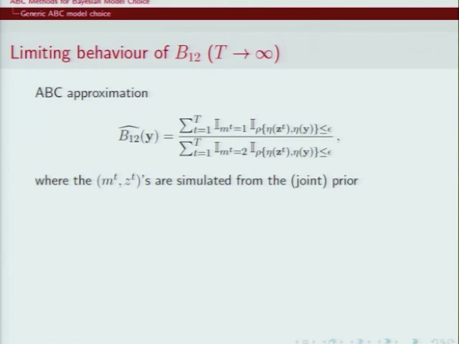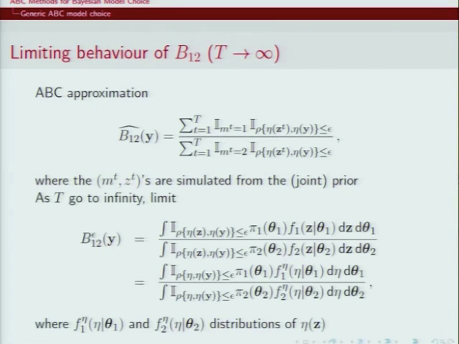Now, if we let t go to infinity, the Monte Carlo error goes away, and we end up with this ratio of the probabilities that the distance between eta of y and the simulated eta in model 1 is less than epsilon over the same probability in model 2. So this depends directly on the posterior distributions of eta in model 1 and in model 2.